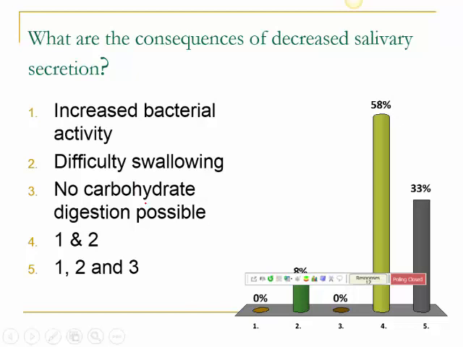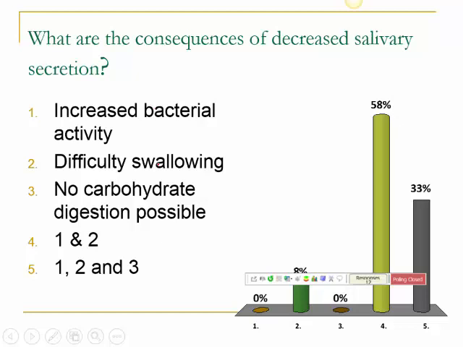Carbohydrate digestion begins here. That means it has to end somewhere, and that is the small intestine. It doesn't mean that no carbohydrate digestion is possible, because when I use the word begins here, it means it is occurring somewhere else. So carbohydrate digestion would still continue to occur in the small intestine, which is now going to be responsible for all of it.